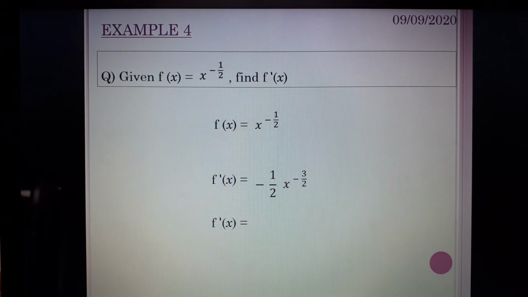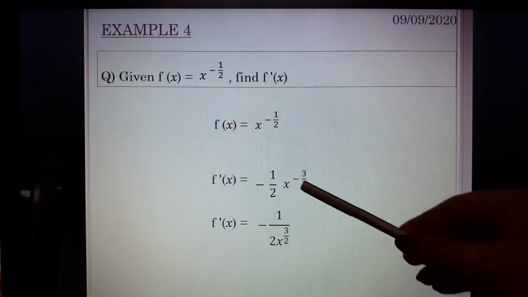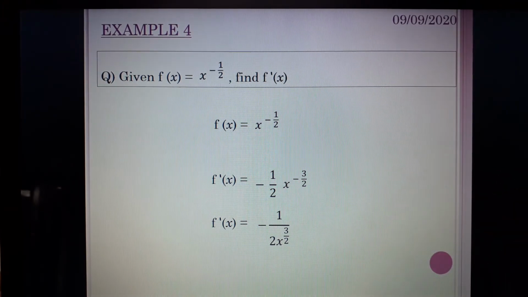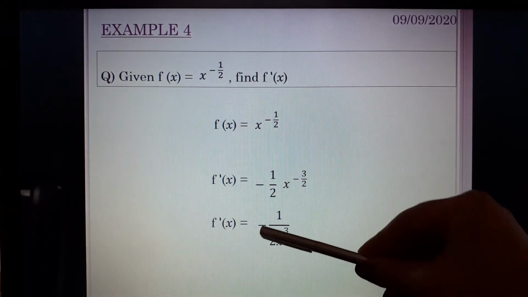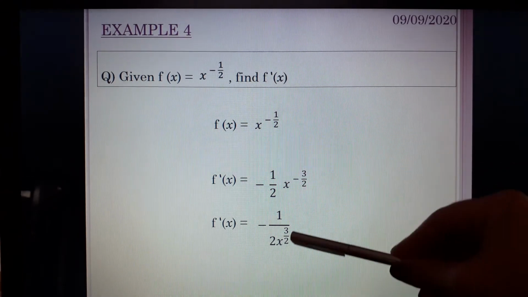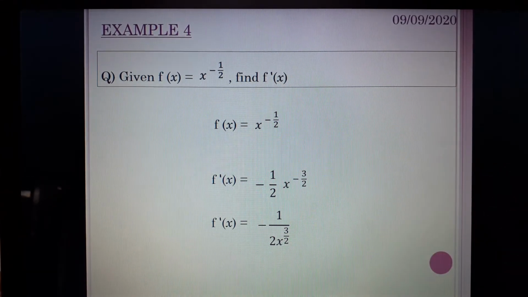Now, how could we tidy this up a little bit further? We could bring the x down to the bottom to make the power positive, to make the index positive. And if we were going to do that, we're going to bring the x down to join the 2. The 1 stays in the top, the negative stays in the front, and the x goes down the bottom and becomes a positive power.